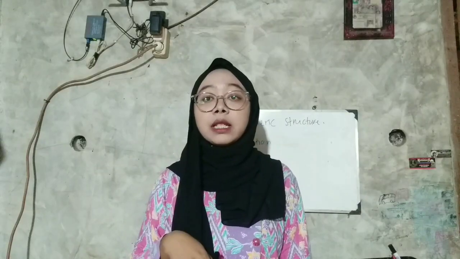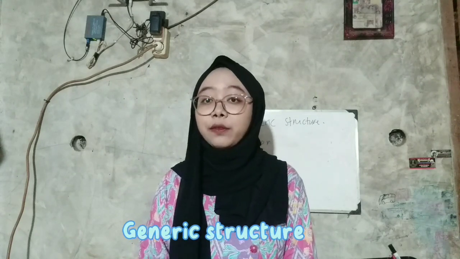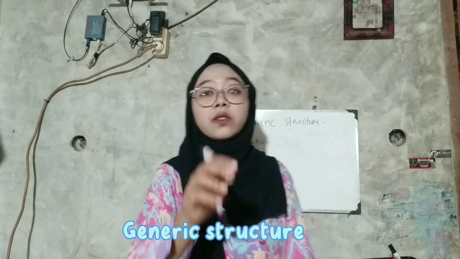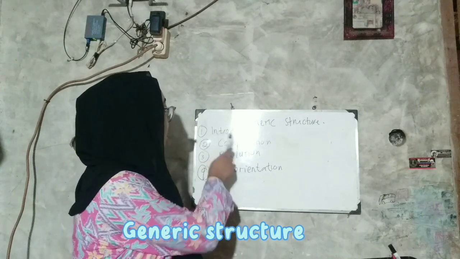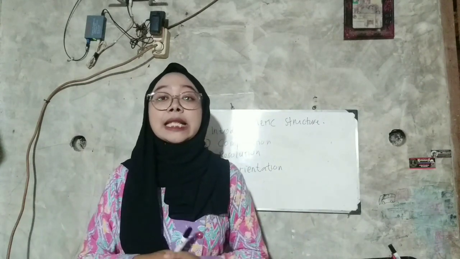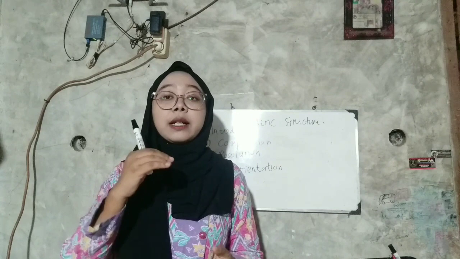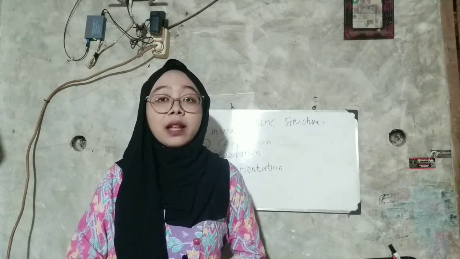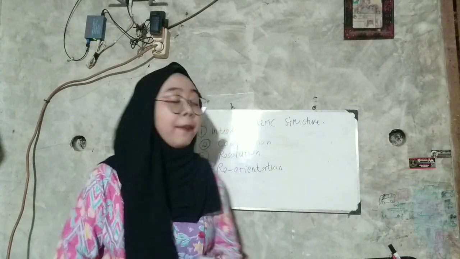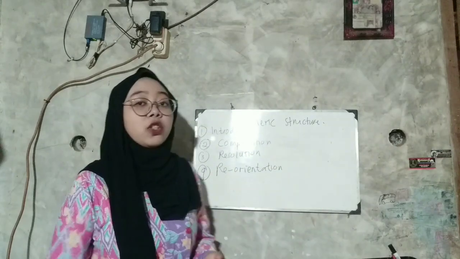Next is the generic structure of the narrative text. The generic structure of the narrative text is, first, introduction. This introduces the participants, also when, who, and so on. The next is complication.